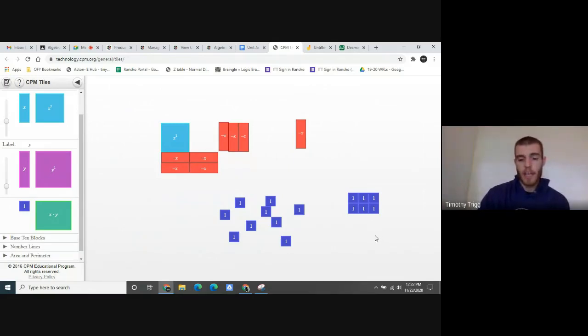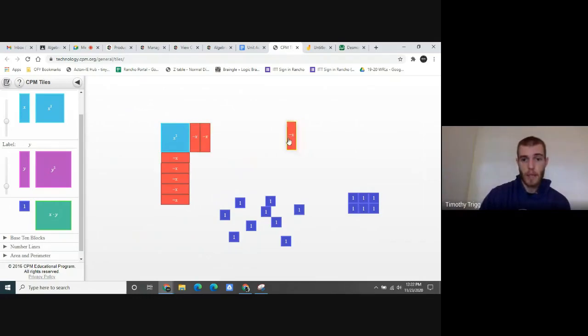Well, in our case, it's just 1 times 15 or 3 times 5. Let's see if I can organize these in such a way that I can get that 3 times 5. So I could put maybe 5 of these down here, and then the last 3 of them along the side here.